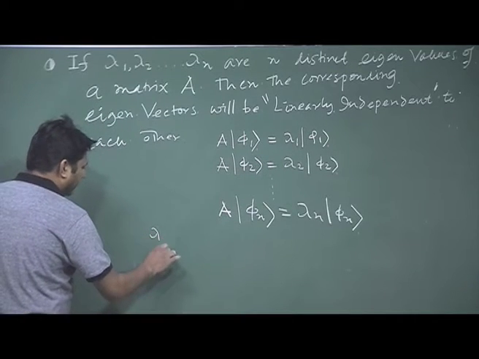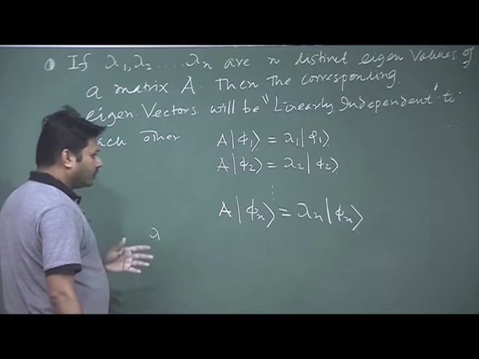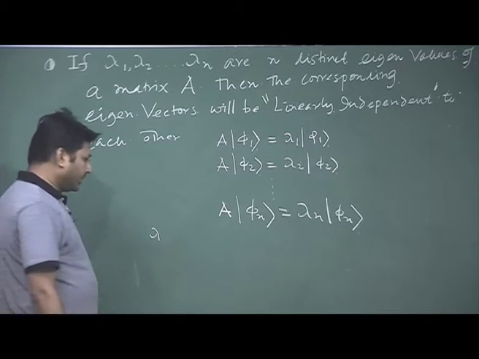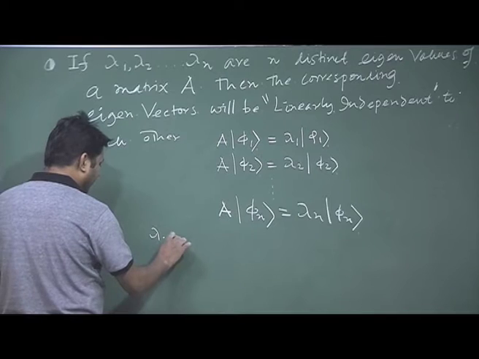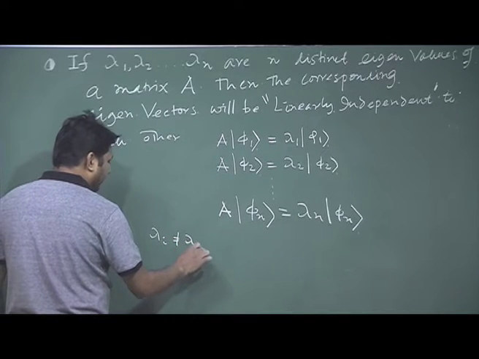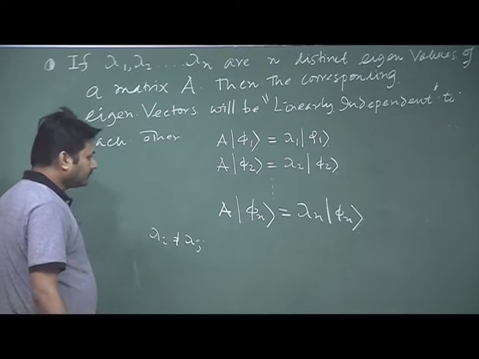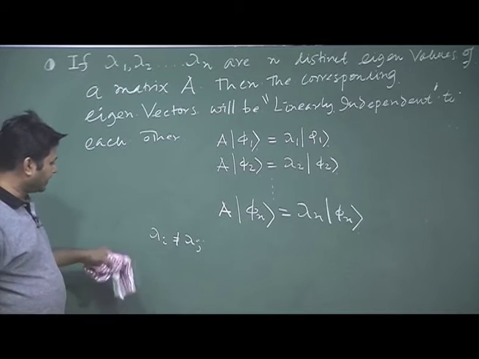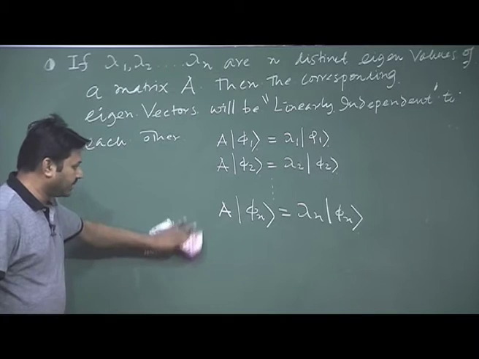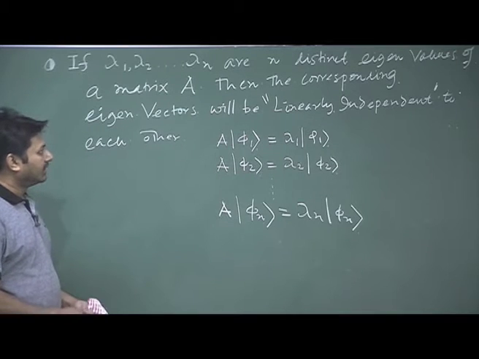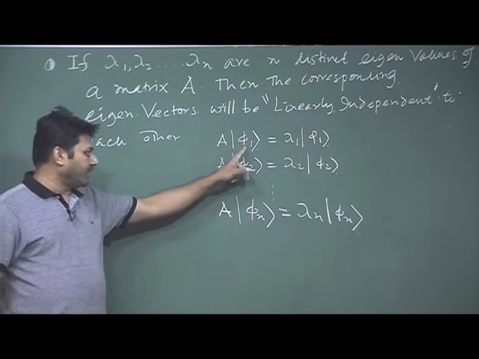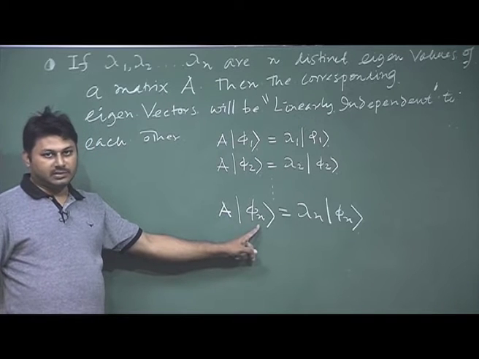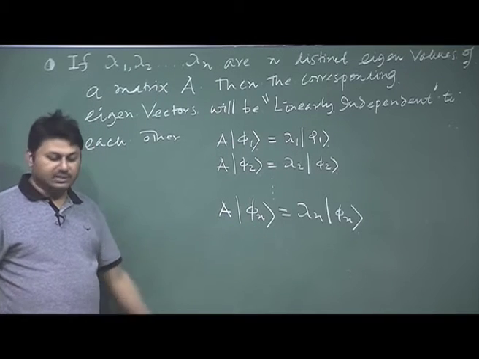If lambda 1, lambda 2, ..., lambda n are distinct, they are not equal to each other. So no lambda i is equal to any lambda j, all are distinct, then phi 1, phi 2, ..., phi n, these eigenvectors are linearly independent.